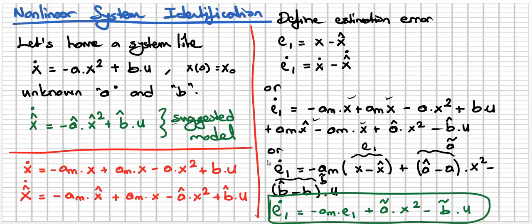And so we have obtained the e1 dot, which means that if we properly decrease or minimize this e1 value, we can obtain the proper values, or the closest values, of the a and b functions in here. Okay, and so in this lesson we will create the stability rule.